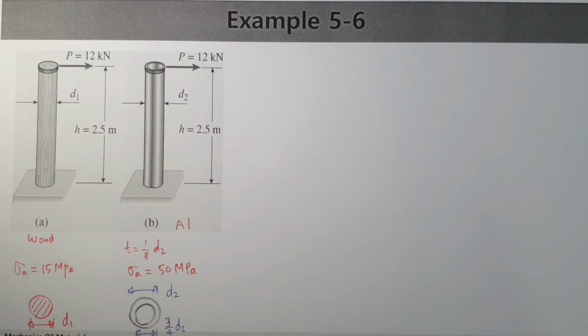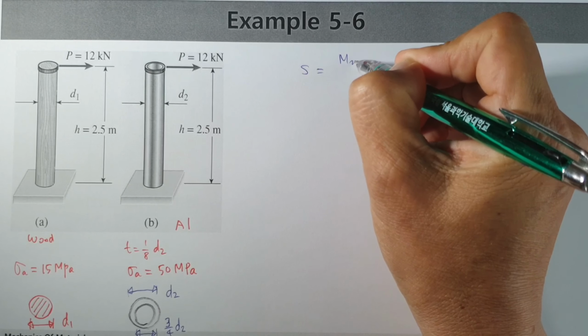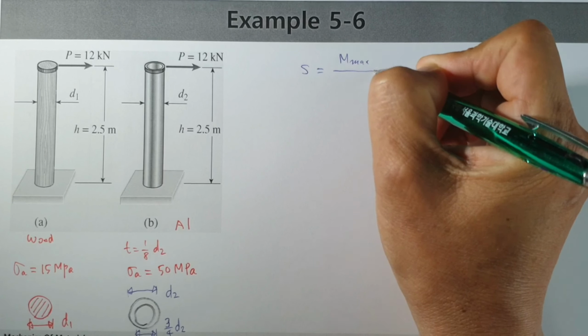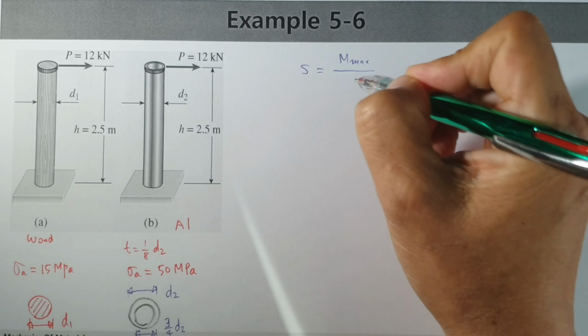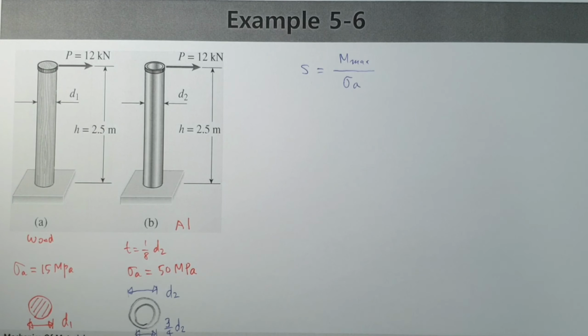In order to find the required diameter, we can use the relationship between bending moment and section modulus. Actually, section modulus S equals the given maximum bending moment divided by the allowable stress. Okay, let's see step by step.